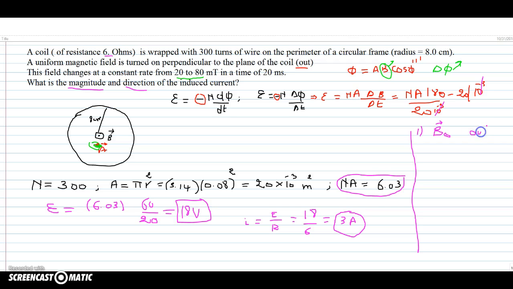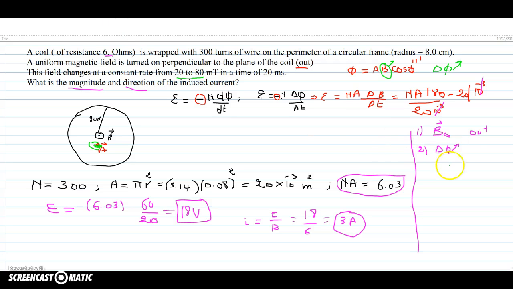How do I know? It is given in the problem. Number 2: what is the nature of the change in the flux? Very important: it's not the flux, it is the change of the flux. We agreed B is increasing at a constant rate from 20 to 80, so clearly it is increasing.